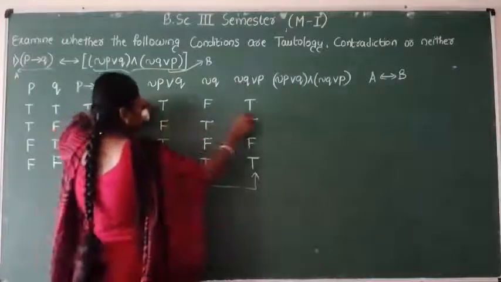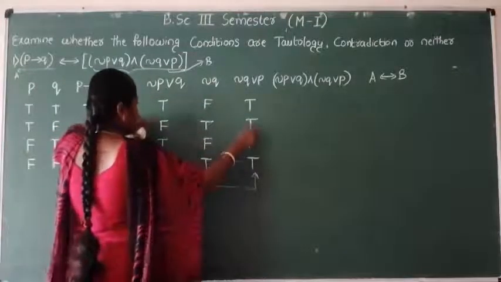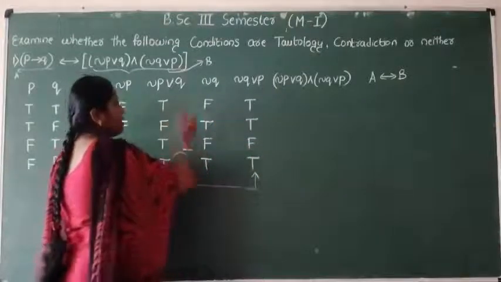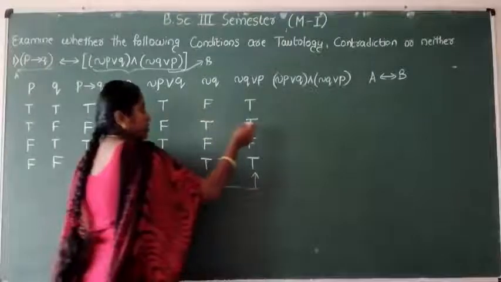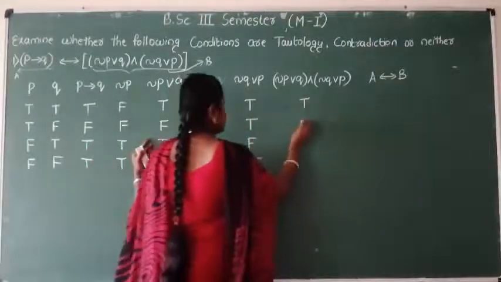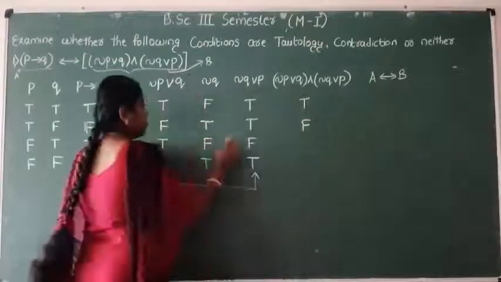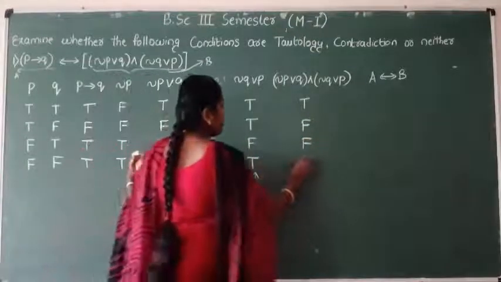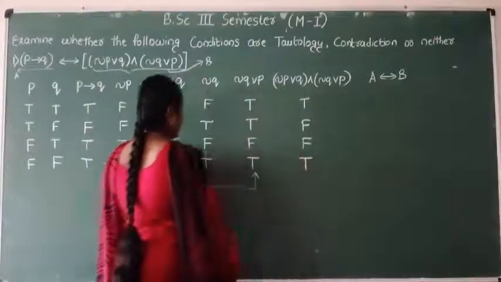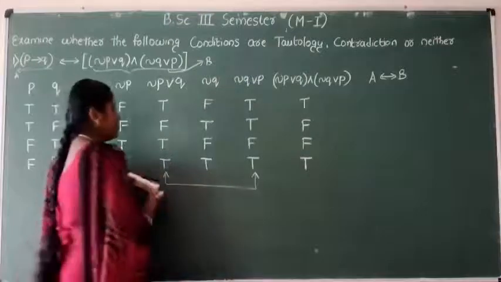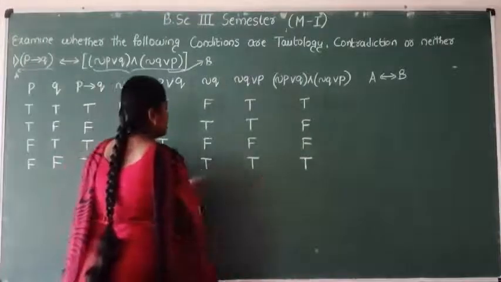Check it: whatever is true you can note it, false. True, false. If both are true then it is true. In other cases it is false. Within and, if both are true then the condition becomes true. In other cases it becomes false.